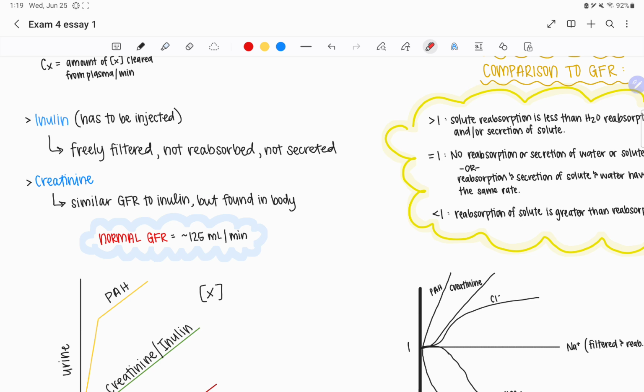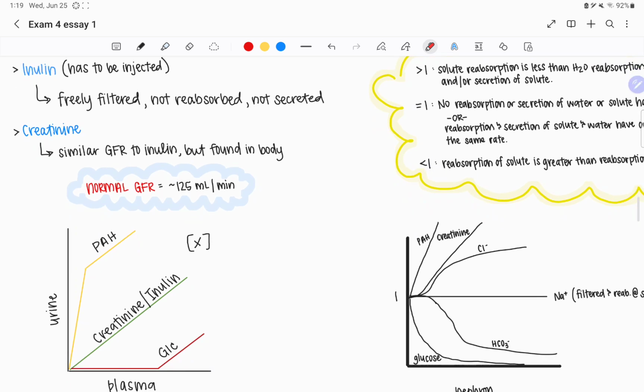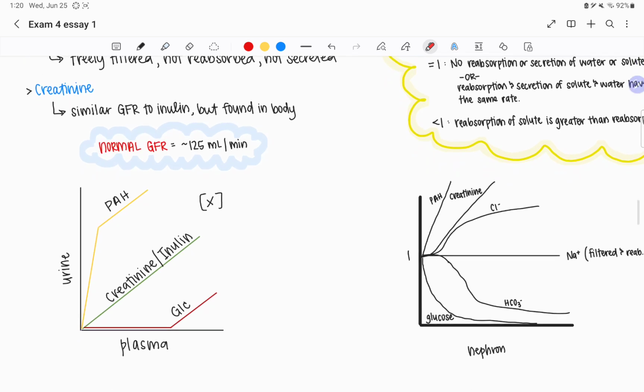It's just a normal byproduct of metabolism in our cells. So they can look at our creatinine levels in our blood and determine if we have a normal GFR. They look at our inulin levels, if they give us inulin, or our creatinine levels when they want to know if our kidneys are working correctly.